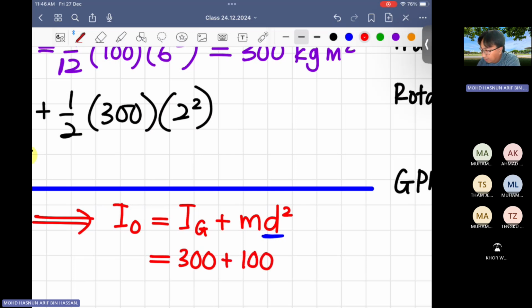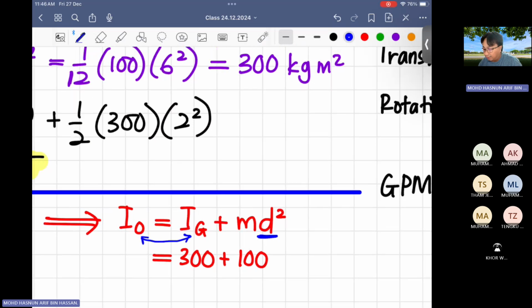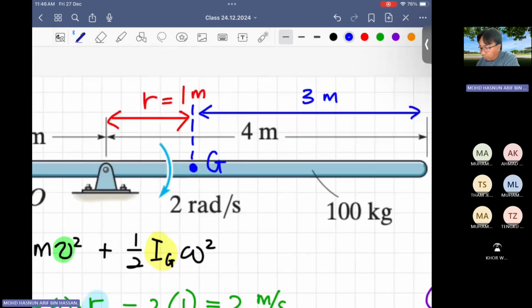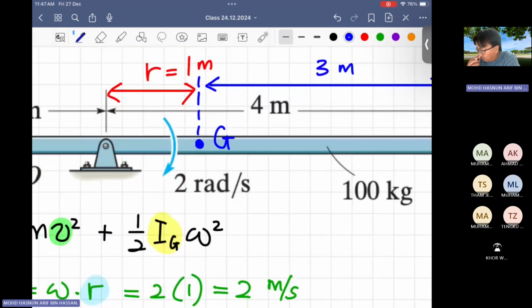Now D is basically the distance between these two. When you use the parallel axis theorem and you want to calculate IO, the formula is IO equals IG plus MD square, where D is the distance between O and G, which is 1 meter.